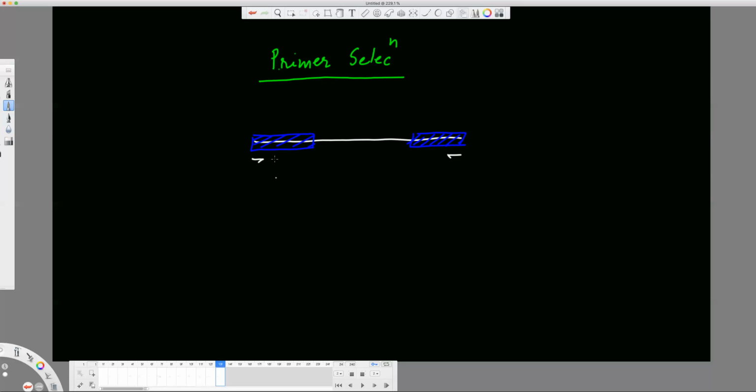Right? So there could be another sequence somewhere here and somewhere here, which is making a correct pair. And likewise, you will have a lot of possibilities of primers to be selected. There will be a lot of sliding windows over here that can be selected as your primer, right? Likewise, your reverse primer.